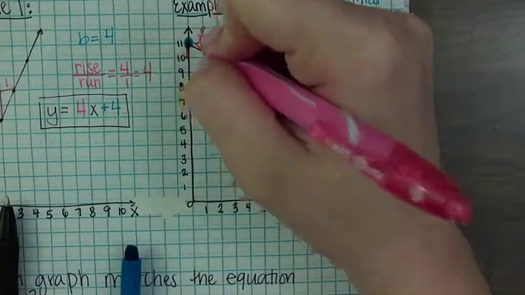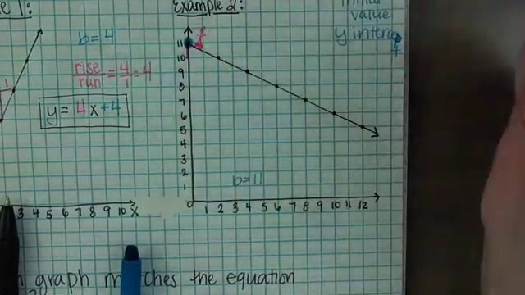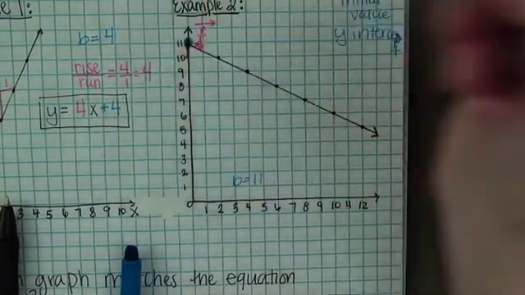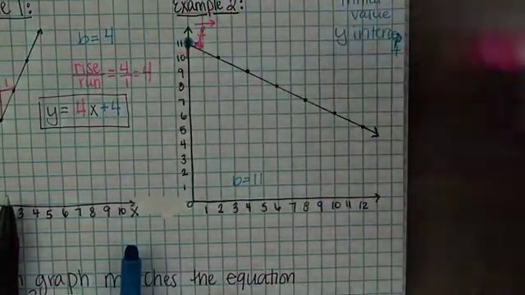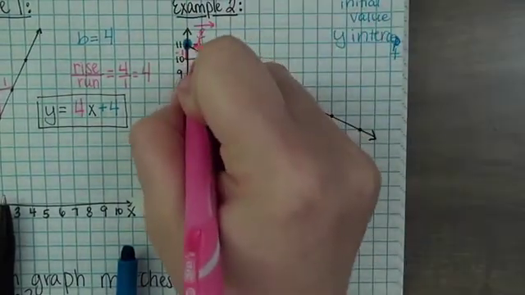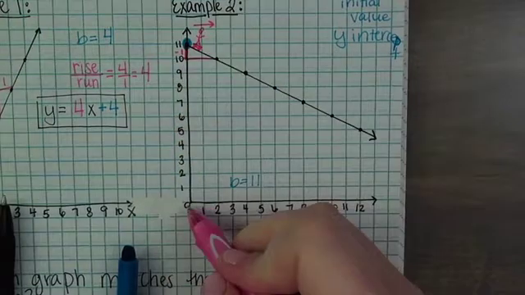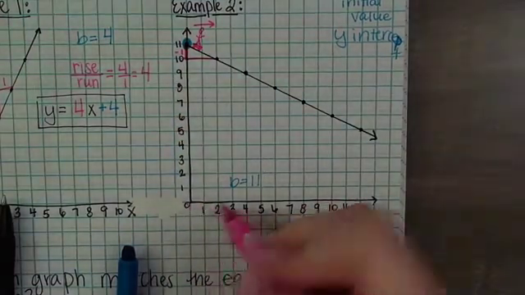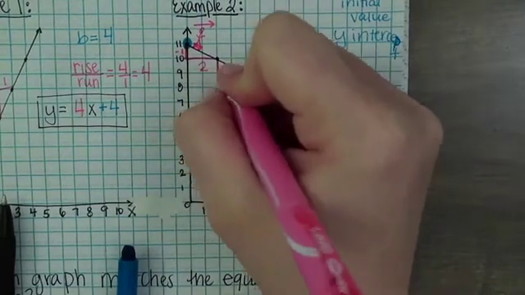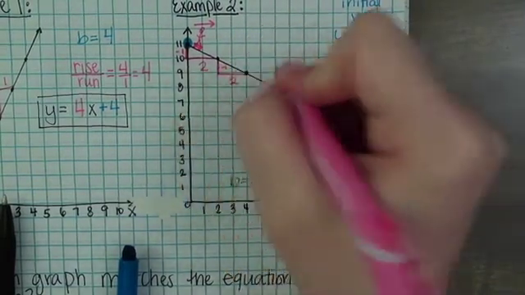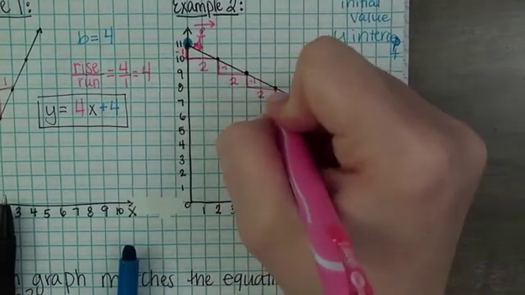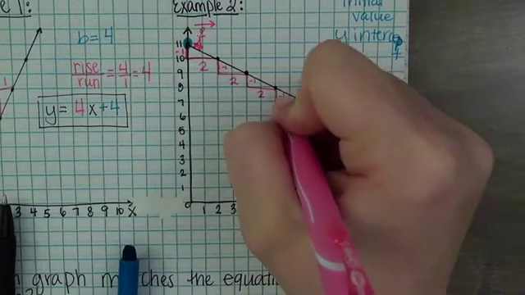Here's my little skateboard dude, and he moves from the starting position over. So he's going down the hill. So it's actually down 1 and over, let's count, from 0 to 2. So that's 1, 2. Okay, let's do it again. Went down 1, over 2, and you can keep going down 1 over 2, down 1 over 2.